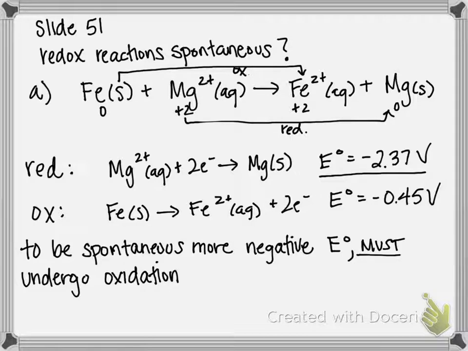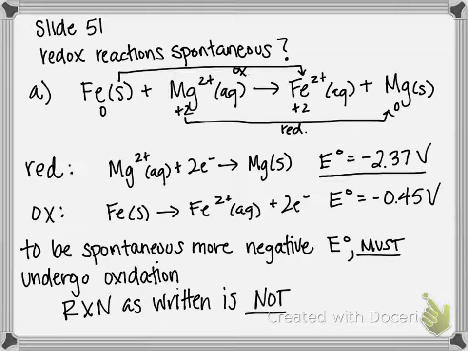According to this overall reaction that we have written, it's actually undergoing reduction. Therefore, this reaction, as written, is not spontaneous. Now, if we reversed the two and had magnesium undergoing oxidation and iron undergoing reduction, then it would be spontaneous. But as it's written now, that is a no.